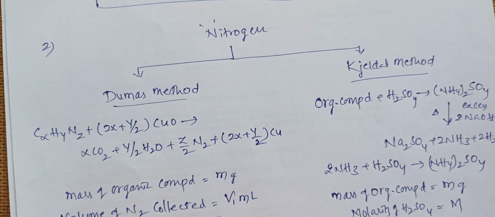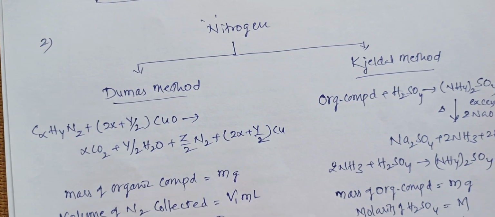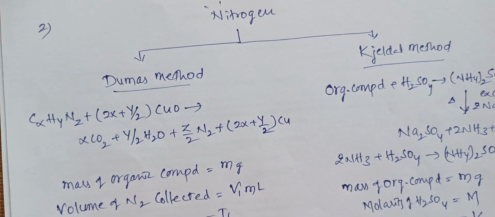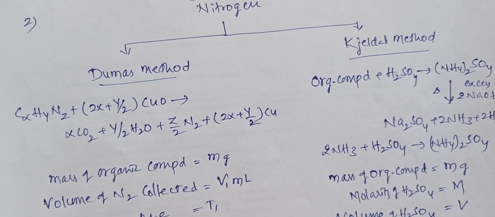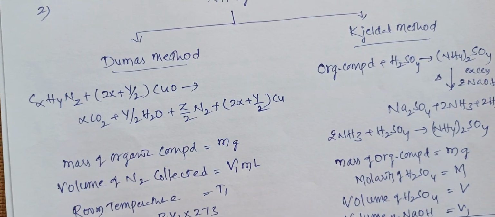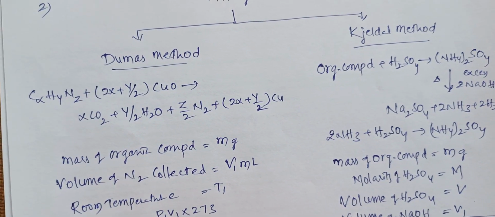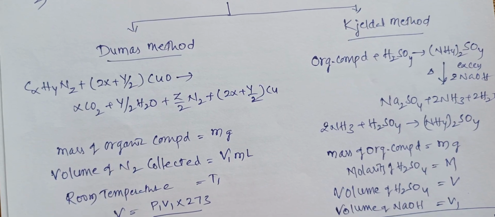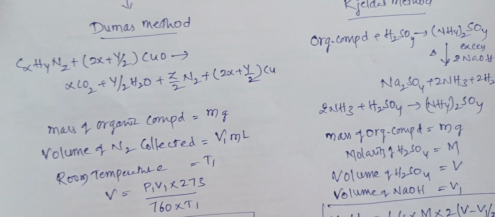Now here, if you are following the Dumas method, that is reacting with CuO, the mass of the compound CxHyNz taken is m grams, whereas the volume of N2, as you know nitrogen gas is released in the reaction, collected is V1 ml, at room temperature T1.